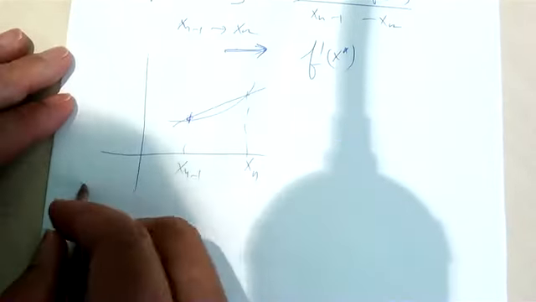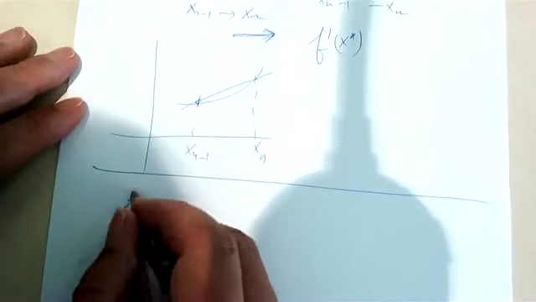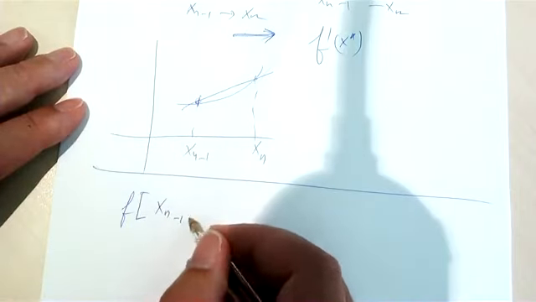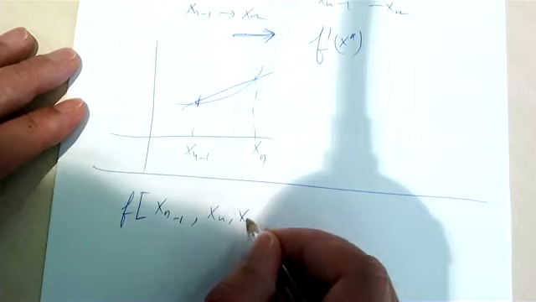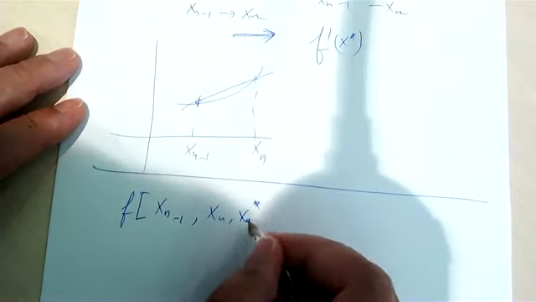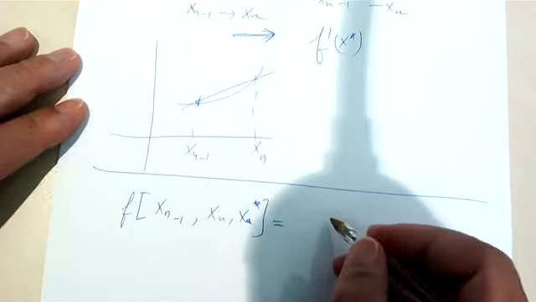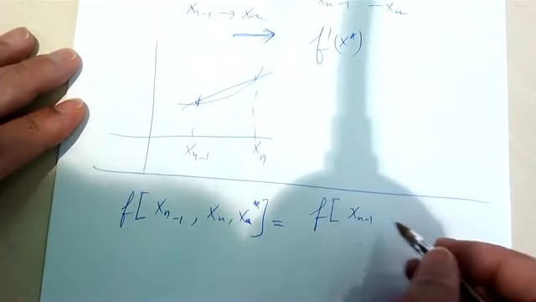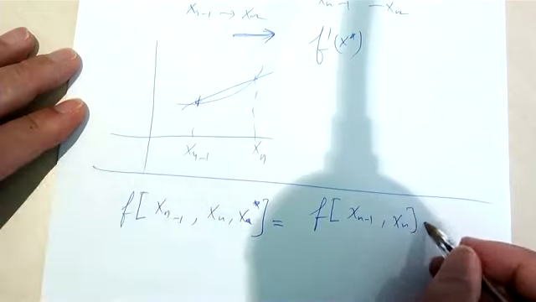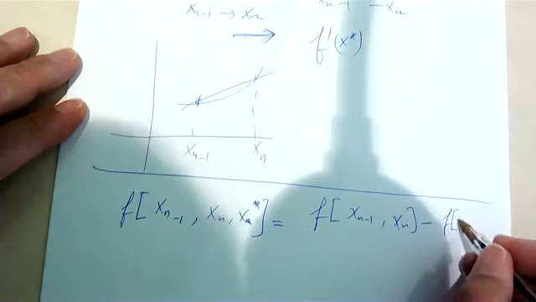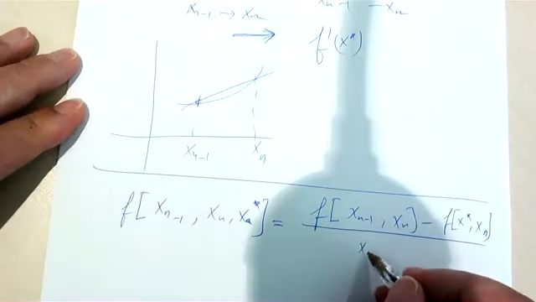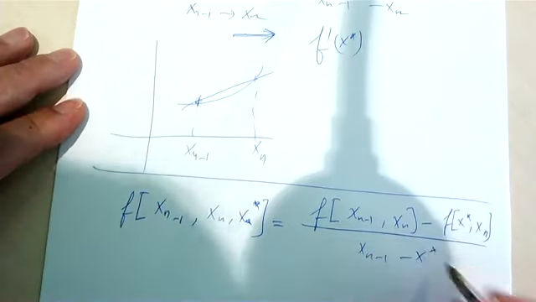So now how about the second term? The second term is f of xn minus 1, xn and x star, right? So what will be the ratio of f xn minus 1, xn minus f x star xn over xn minus 1 minus x star?